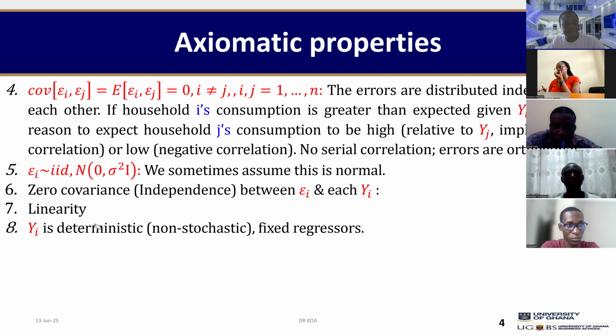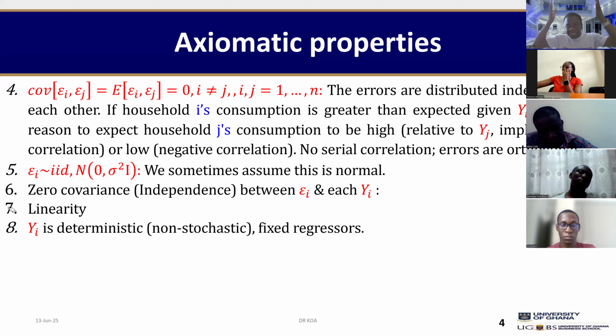Next one. The next one is linearity. Linearity we know. We'll come and look at the linearity later, how to handle linearity. Linearity is OLS. OLS is linearity. It's when the relationship between the dependent and independent variable is linear, meaning that if consumption rises, income will rise.